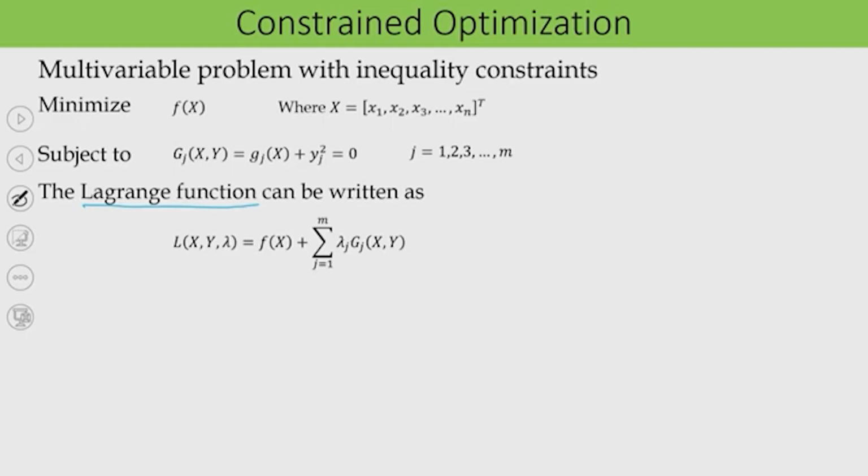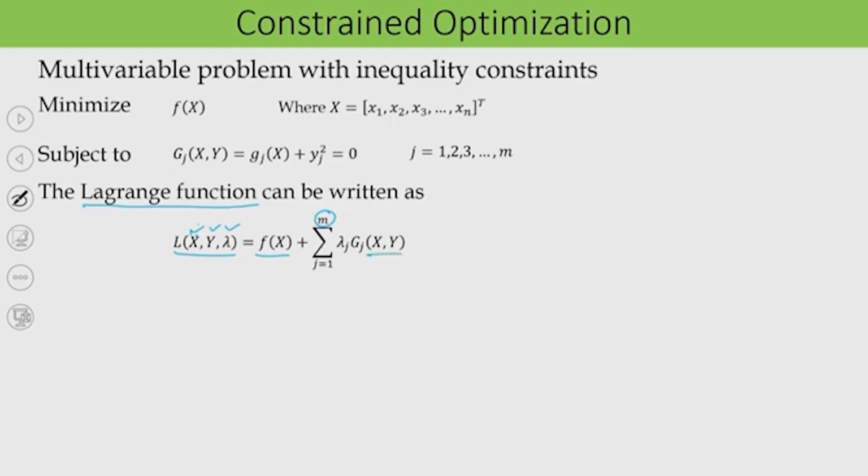This is L, the Lagrange function, a function of x, y and lambda, which is equal to small f(x) plus, since we have total m constraints, the summation of j equal to 1 to m of lambda_j Z_j, which is a function of x and y.